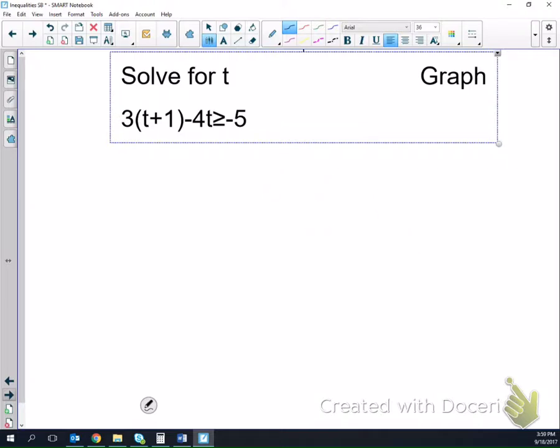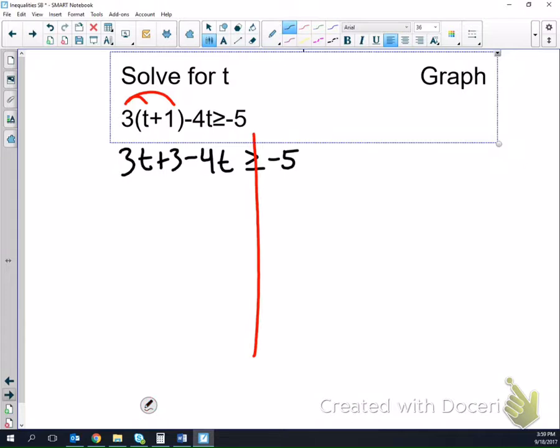Okay, so now we've got a slightly more complicated problem. Not too much though. First thing I'm going to do, I see these parentheses, and I'm just going to go ahead and distribute that through. So 3t plus 3 minus 4t is going to be greater than or equal to -5.